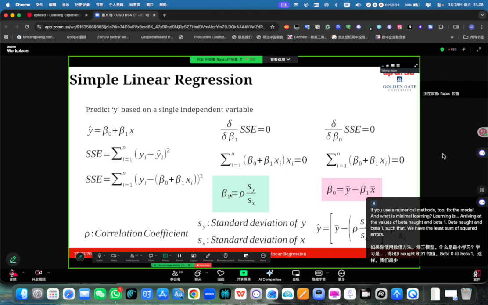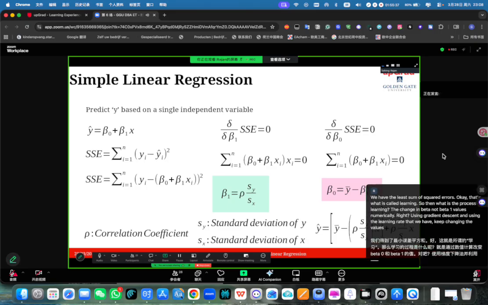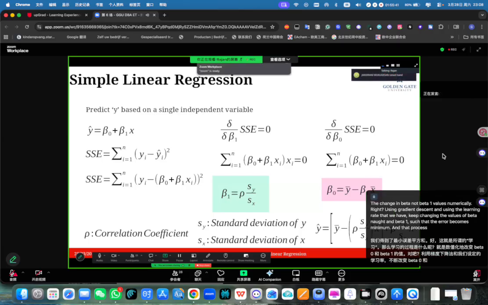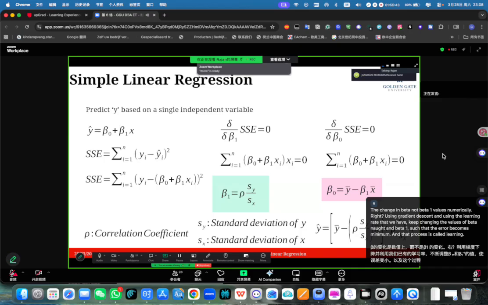That's what is called learning. So what is the process of learning? The change in beta naught and beta 1 values numerically, using gradient descent and the learning rate that we have, keep changing the values of beta naught and beta 1 such that the error becomes minimum. That process is called learning. And once you have reached the minimum, then we say the model has been learned.